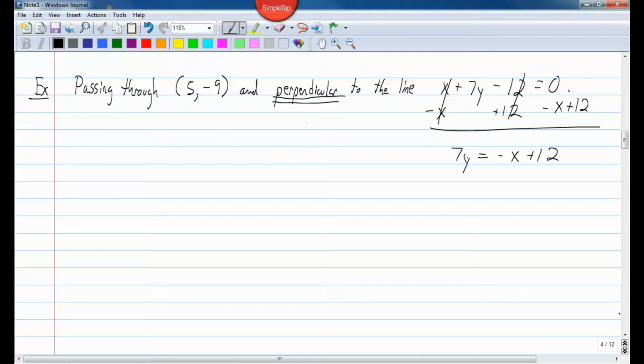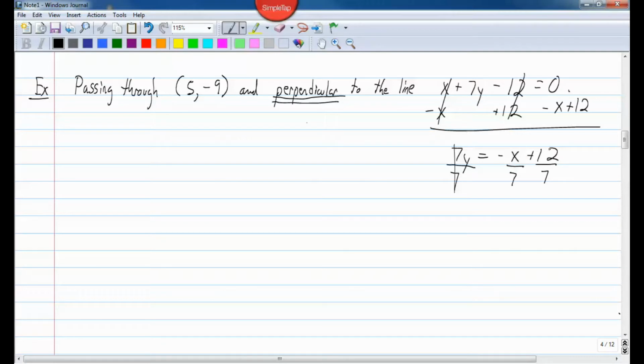Now how do I get this 7 by itself? I divide both sides by 7 to get the y by itself. Now instead of just writing a big fraction bar and a 7 down here, I'm going to actually put the 7 on the bottom of both numbers.